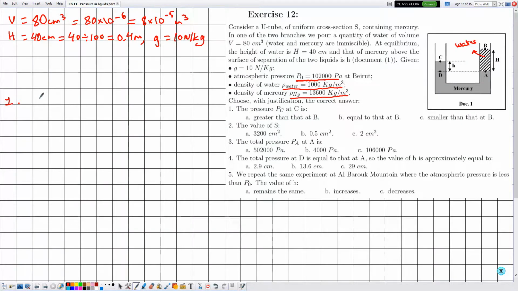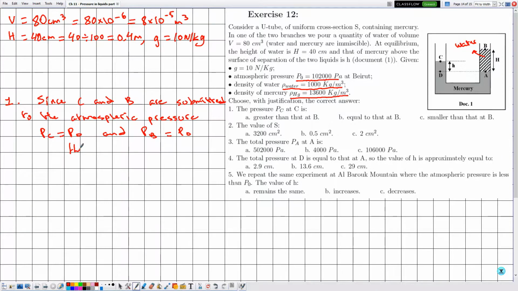Then let's say here that since C and B are submitted to the atmospheric pressure, the pressure at the point C is equal to the atmospheric pressure, which is denoted by P0, and the pressure at the point B is equal to the atmospheric pressure, which is denoted by P0.